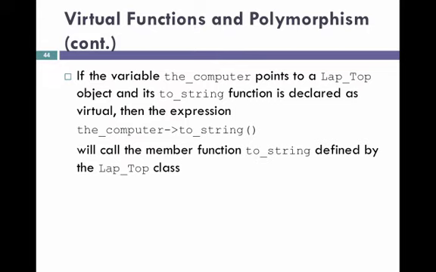So if the variable the computer points to is a laptop, then when we see a function call with this arrow notation and say toString, it's not dependent on the type of this pointer or reference variable. It depends on the type of the instance that it points to. And with virtual functions, it will call the laptop toString function.